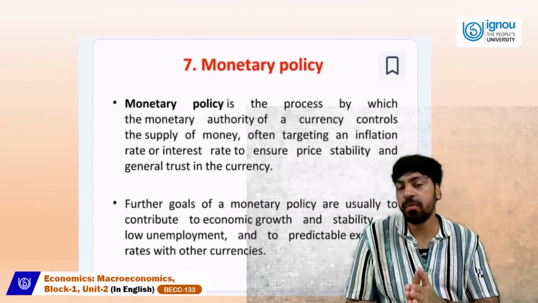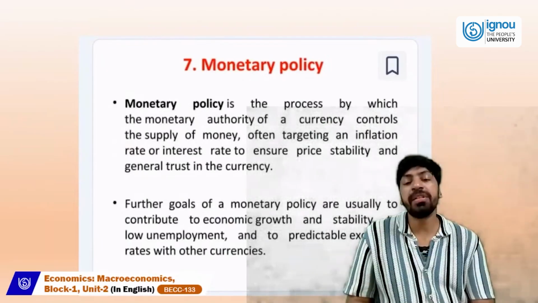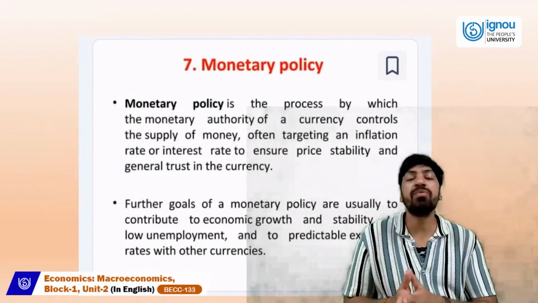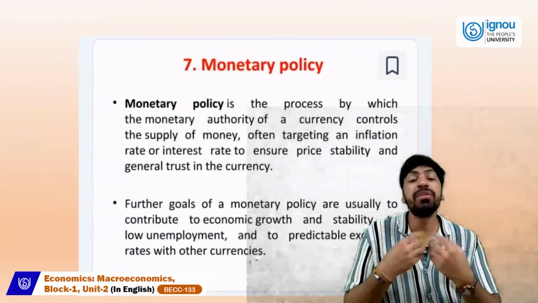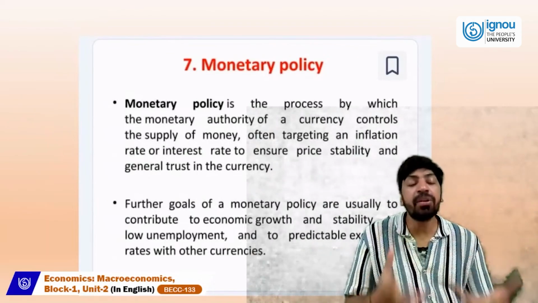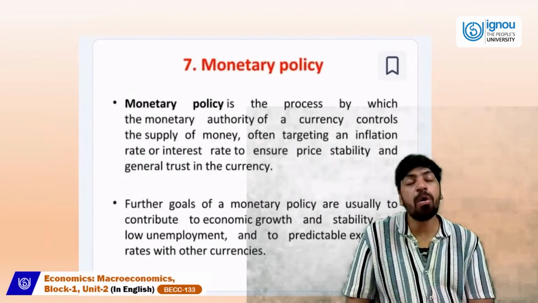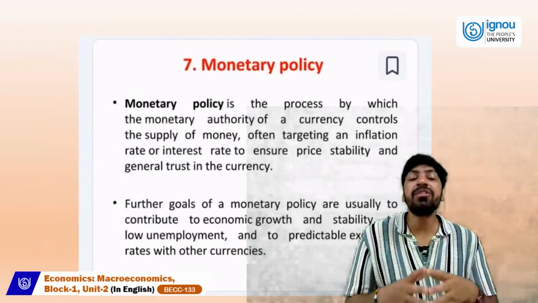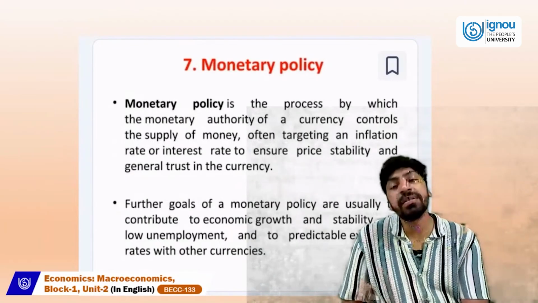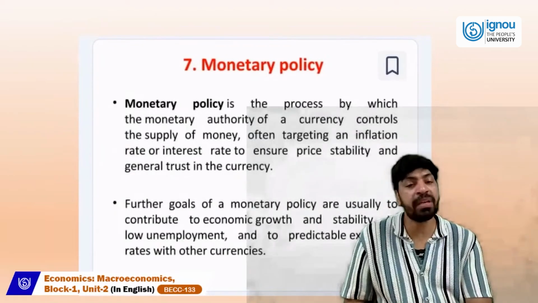There are other goals of monetary policy, which also contribute to economic growth and stability in the economy. It also reduces unemployment, and of course predicts the exchange rates with other currencies, through the different commercial, public, and private banks.